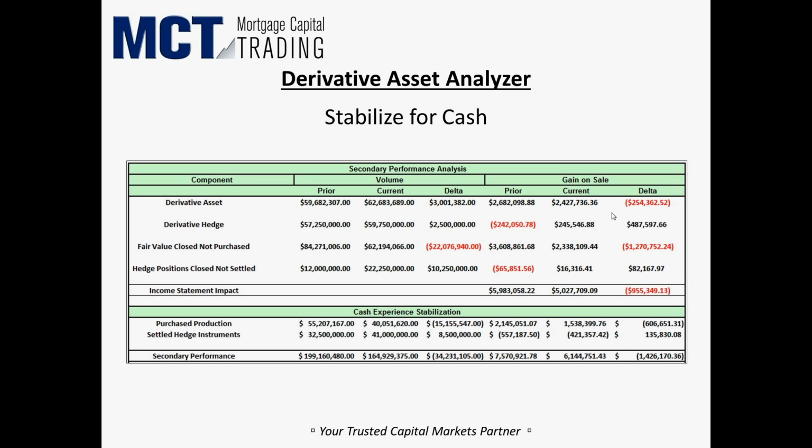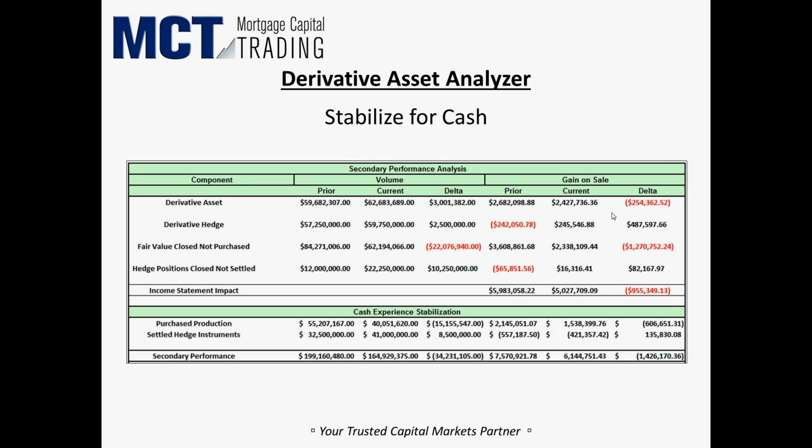Then we have to look at the settlements. So the settled hedge instruments is 32 million the prior month, 41 million this month. So you can see we lost 557,000 the prior month on settled hedge instruments. This month we lost 421,000. When we net those two out, we gain 135,000 back.